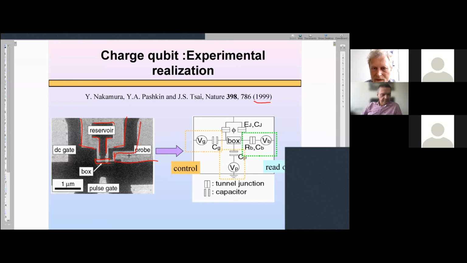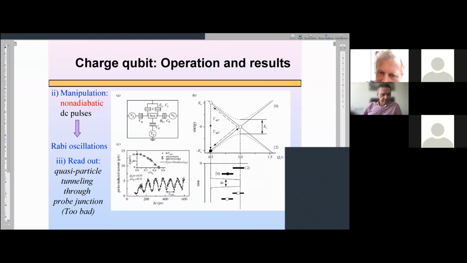Good. What was the operation scheme? What you see here on this picture are the hyperbolic levels I showed to you several minutes ago. Right? So they're split at some point of gate voltage. The splitting is given by the Josephson energy.